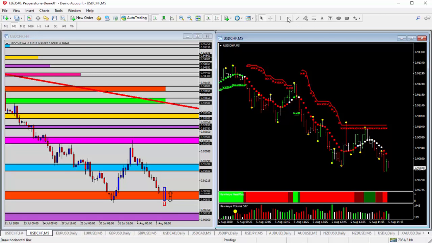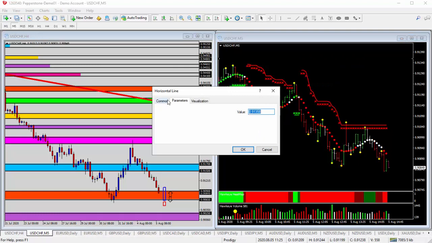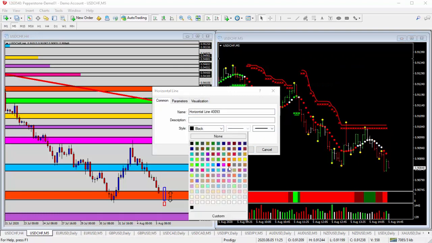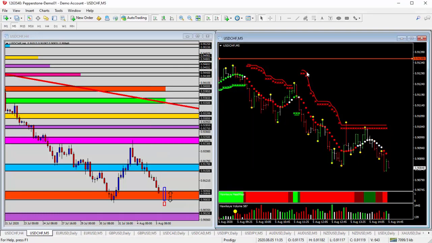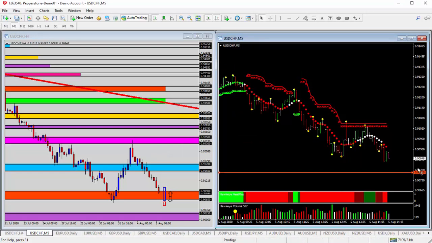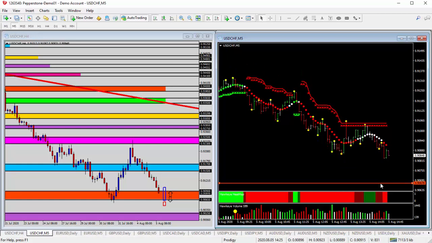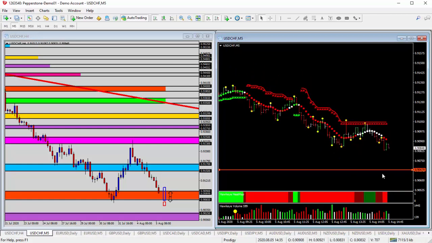Let's see if I can just put a horizontal line there. And let's make this line orange, just so we can find it on the right-hand side. Somewhere right around 0.9065, and that's going to be a little bit below here. Right about right there.